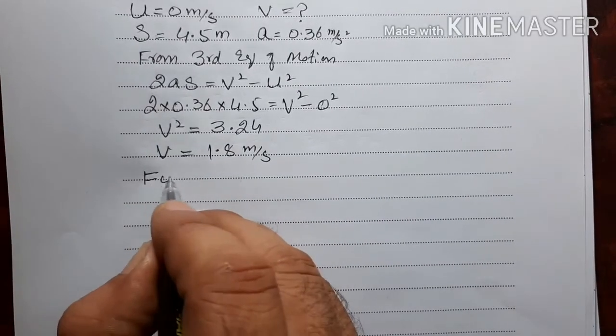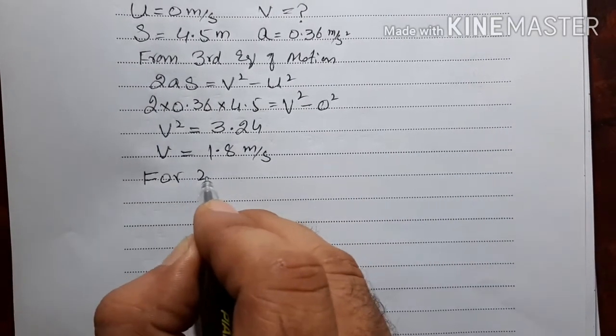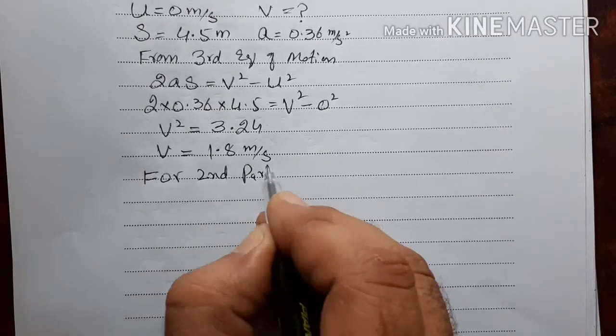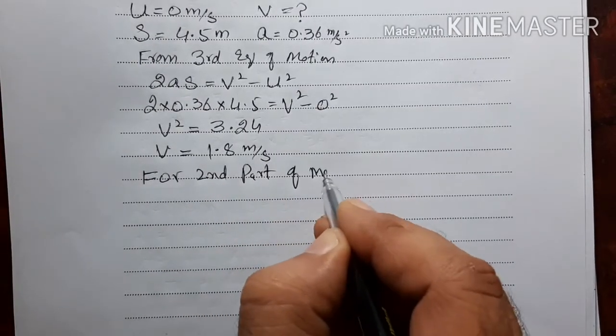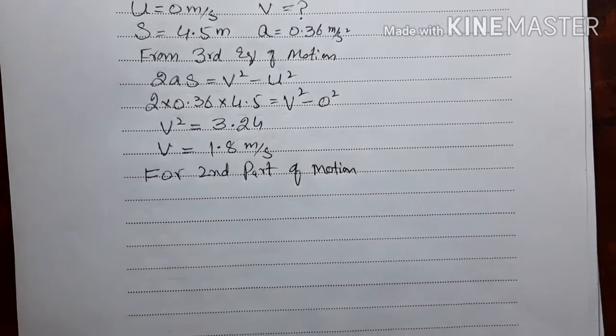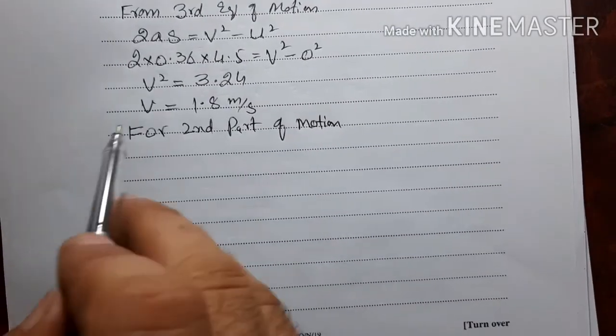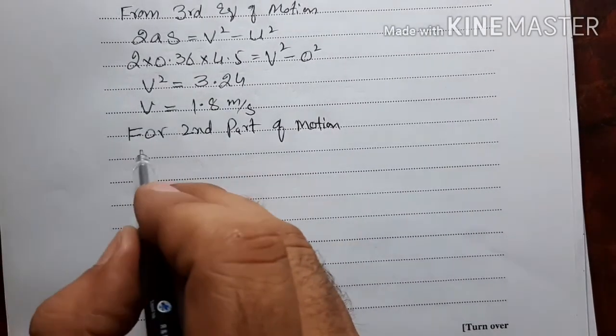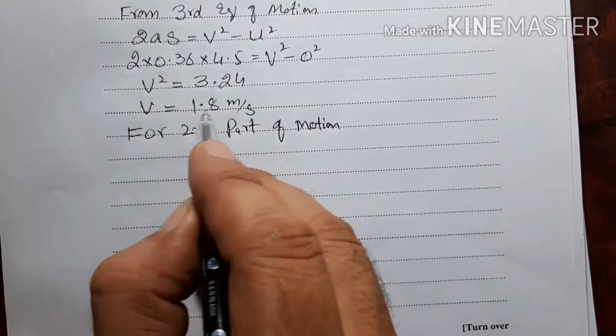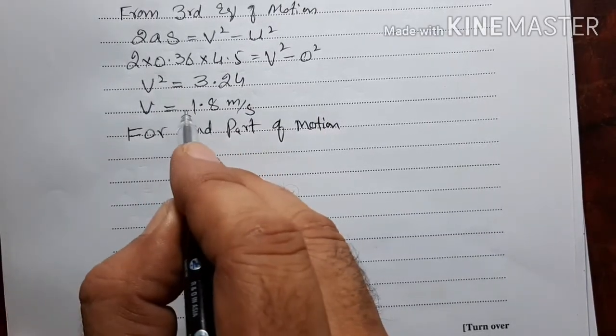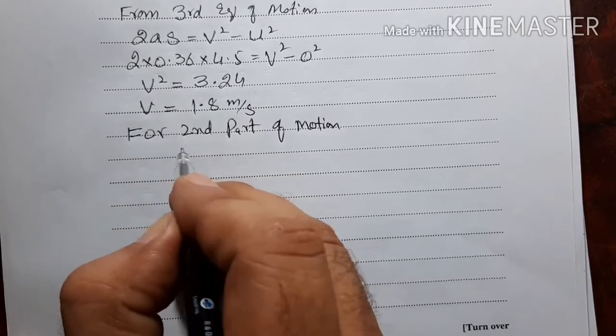Now the second part of the motion. For the second part of motion, when the force stopped acting on the body, the final speed of the first part of the motion becomes the initial speed of the second part.